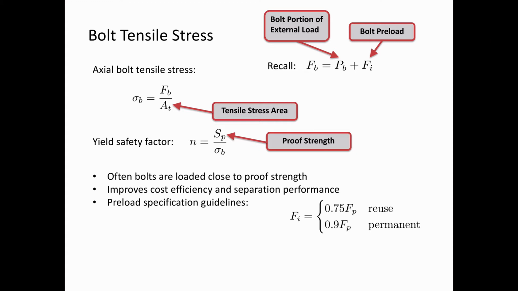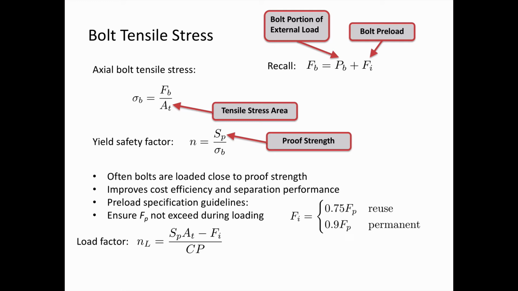If you want to reuse a bolt, it's a good idea to limit the preload to 3/4 of the proof load. But if it's a permanent bolt not meant to be reused, you can increase the preload significantly. It's important to make sure that the load applied to the bolt does not exceed the proof load when an external load is applied.